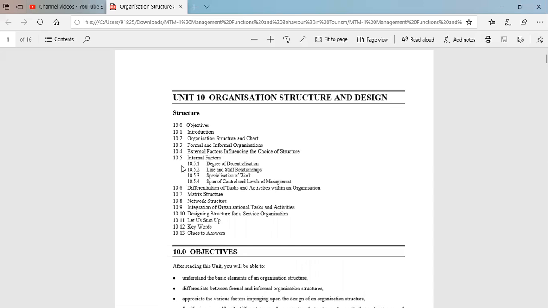The internal factors are: decentralization, line staff relation, specialization of work, span of control, and levels of managers. In every chapter, 2 questions will come and you have to write one. So from these, questions will come like organizational structure, or designing structure of a service organization, or write about the internal factors affecting the organizational structure and design.